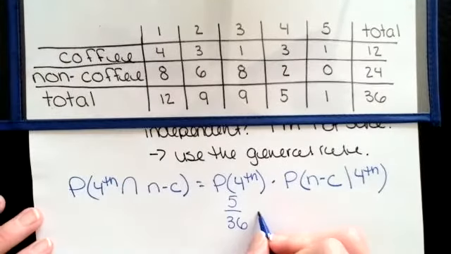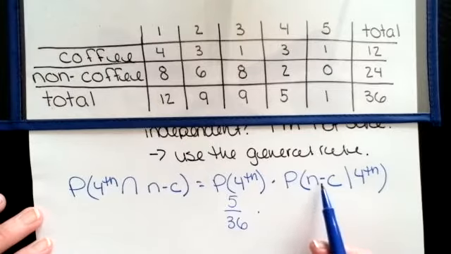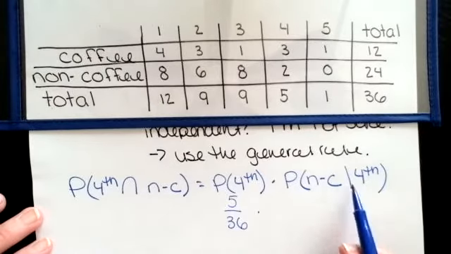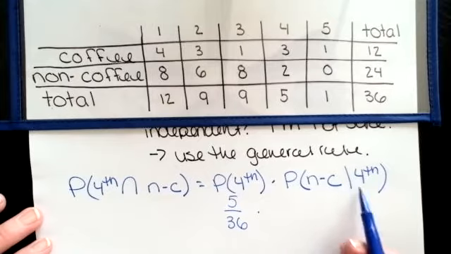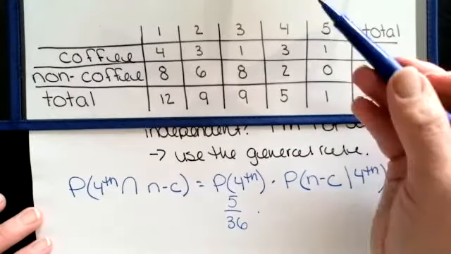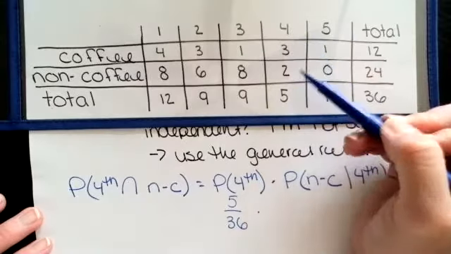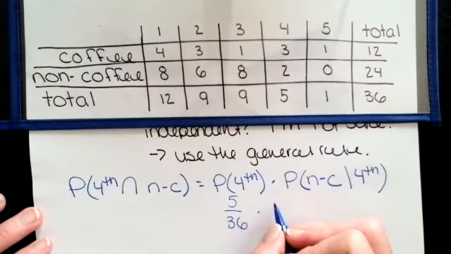And next, I want to know the probability of choosing a non-coffee drinker among the 4th, or given the 4th, or out of the 4th, okay? So I have all my 4th-year students, and I want to know the probability of them being a non-coffee drinker. So I'm looking at my 4th-year column. My non-coffee right here is 2.